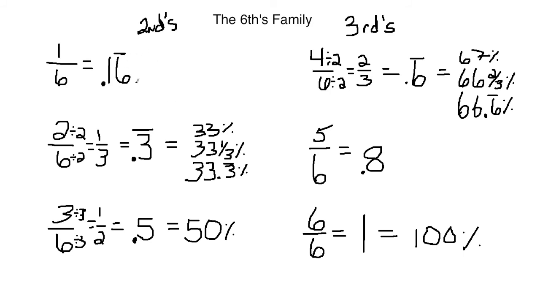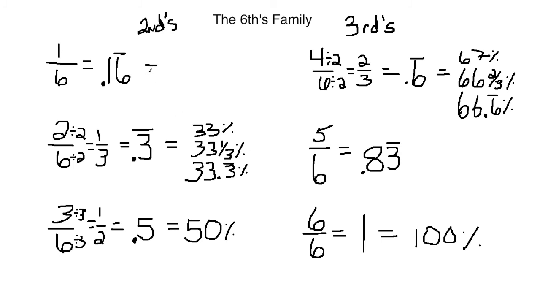Now, since we've used the 6 repeating, guess what 5/6 is going to have after the 8? That would be the 3 repeating. And that's how you have to memorize that. You'll get it as long as you practice it.